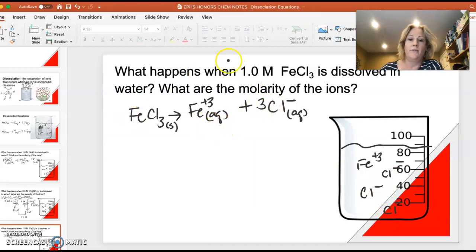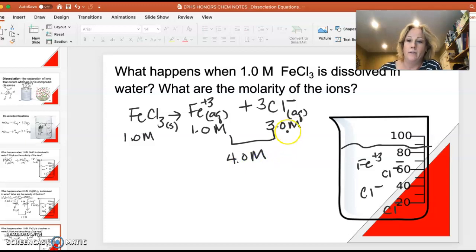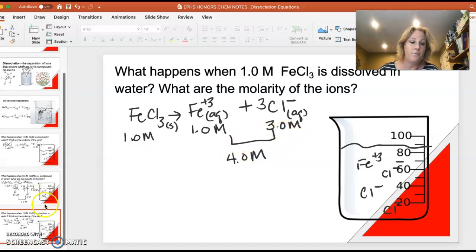So if I made a 1 molar solution, then because these are in a 1-to-1 ratio, I'm going to have, after everything dissolves, 1 molar of iron plus 3 ions, so 1 mole of iron plus 3 per liter, and then 3 times that, or 3 molar for the chloride, or a total of 4 moles per liter of ions in this solution.